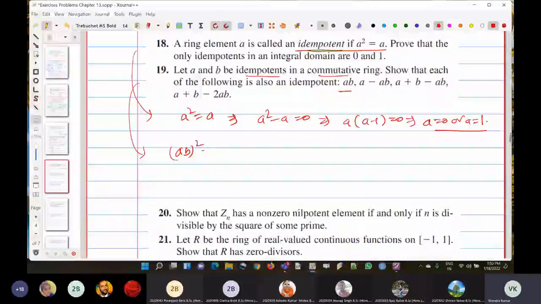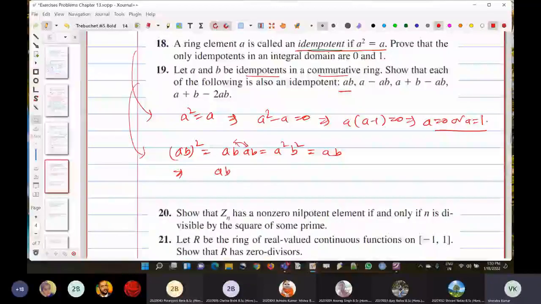So (ab) square we need to consider. How can we write this? Because it is commutative, we can write ab and ab, and then we can swap these two, as you have read already in groups. So this equals a square b square. Because they are idempotent, a square is a and b square is b.